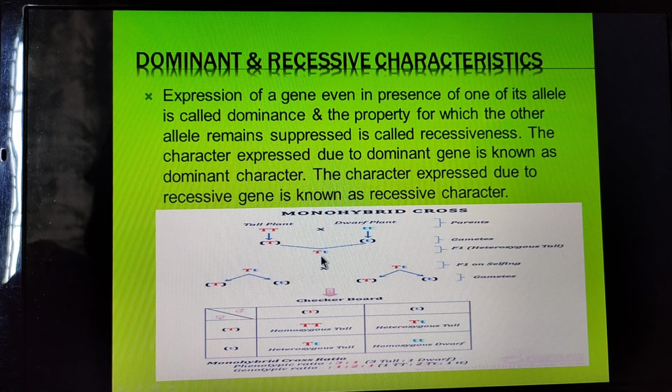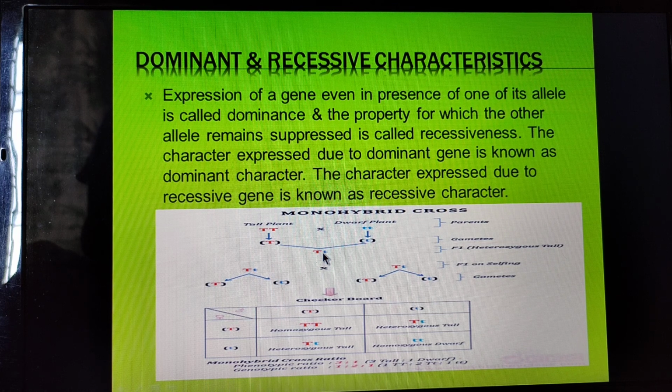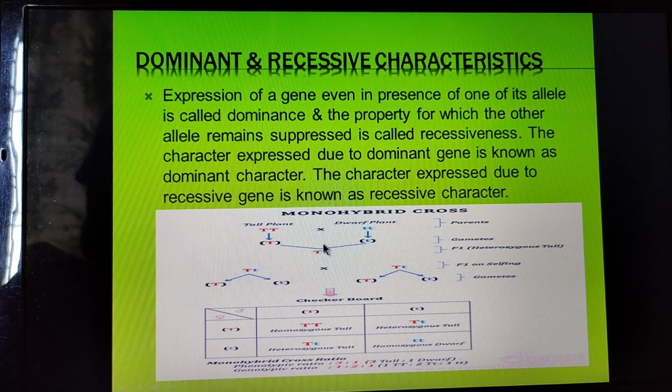So we know when two alleles are held together and one allele expresses its character by suppressing the other, then we can say that this trait is dominant, the other one is recessive. So in the heterozygous tall pea plant, capital T is the tall allele, small t is the recessive allele.